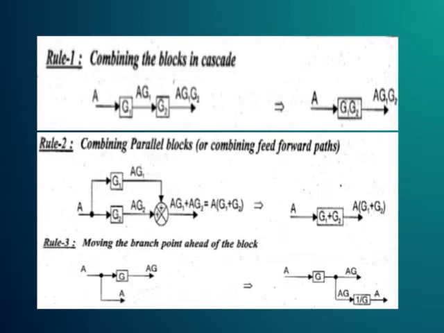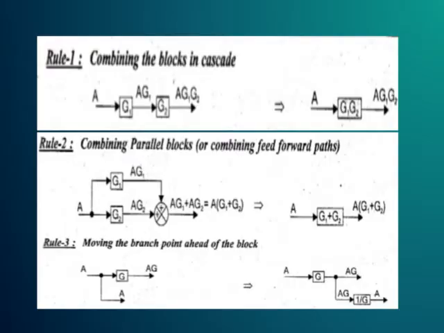When the blocks are in parallel, you should sum them as G1 plus G2. A of G1 plus G2 is nothing but A G1 and A G2, and we get the same output. Here the output is not altering, there is the same output.